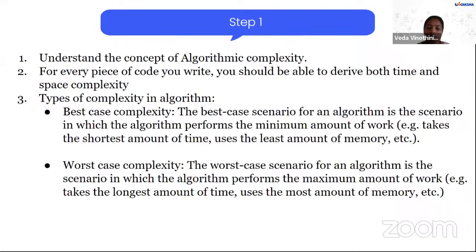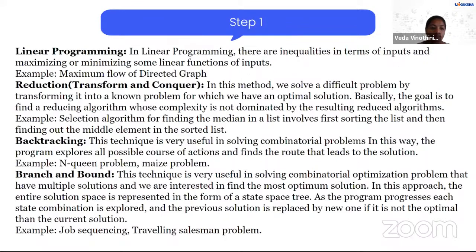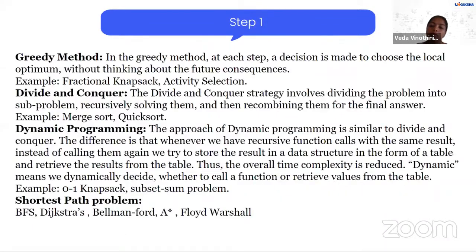Okay, now as of now, we understood what an algorithm is, how to write code, how to identify the complexity in time and space, and what the best and worst case scenarios are.